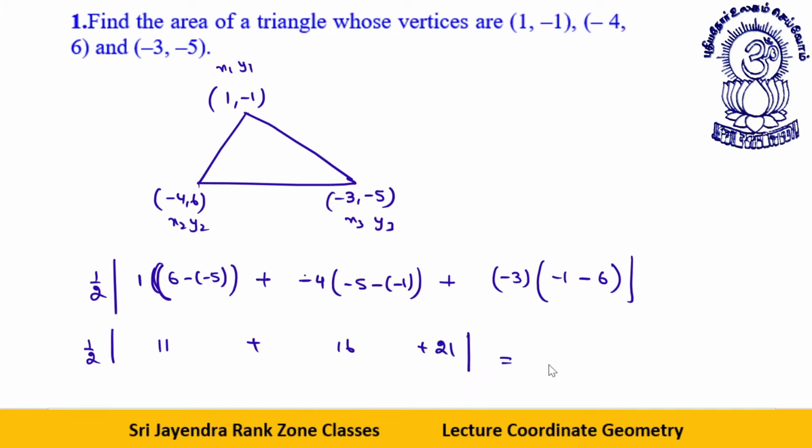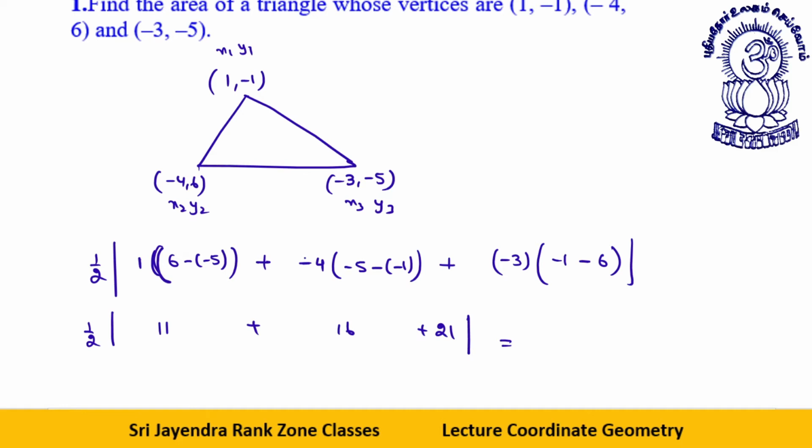All this is positive, so you need not apply anything now. So your answer becomes half of 16, 11 and 21, which is 48. Half into 48 is 24 units. This is your answer. Clear to all? Fine. Next one.